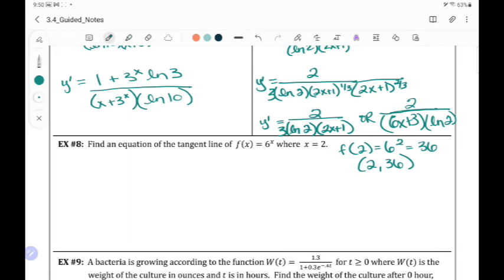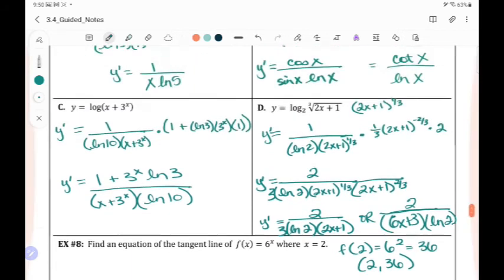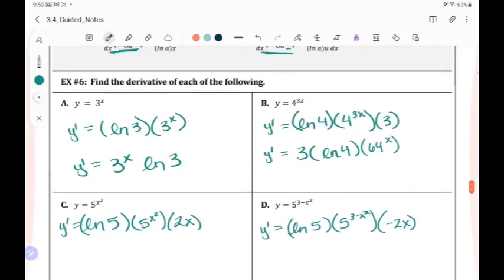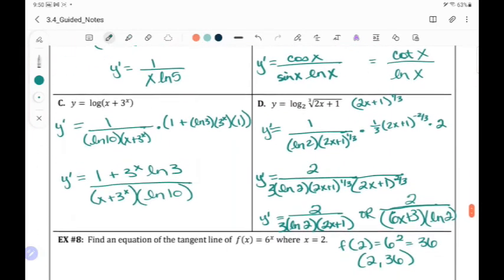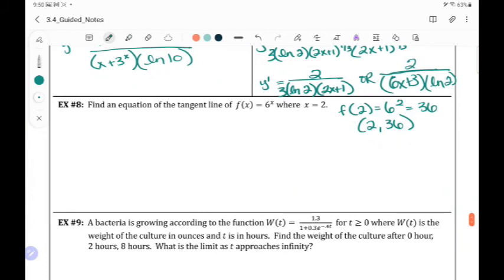And to find the derivative of 6 to the x, that's what we've been doing up here on the previous page, like y equals 3 to the x, we can use this formula. So it's going to be that y prime equals, let me use the same notation that they used, f prime of x equals the natural log of 6 times 6 to the x.